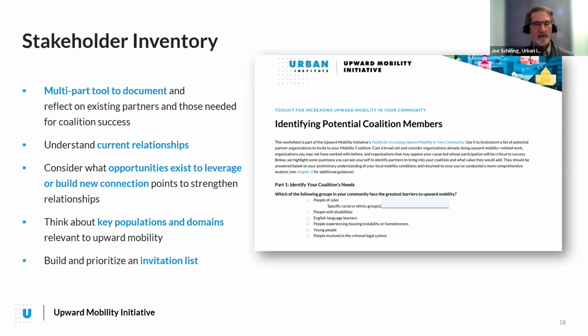So what the stakeholder inventory can do is help you identify those potential coalition members and assess, where are some of the new partnerships that we really need to go out and forge? Are there some new opportunities? Maybe there's a new school board member that's been elected. Maybe there's a new head of United Way, or could be new city council members.